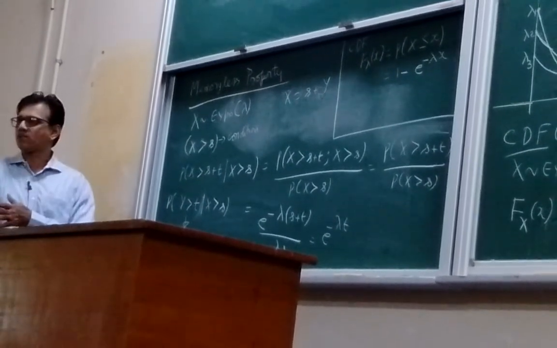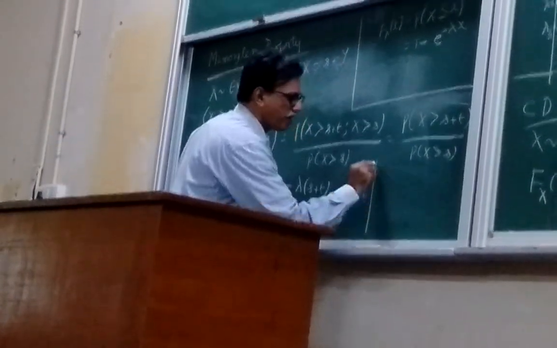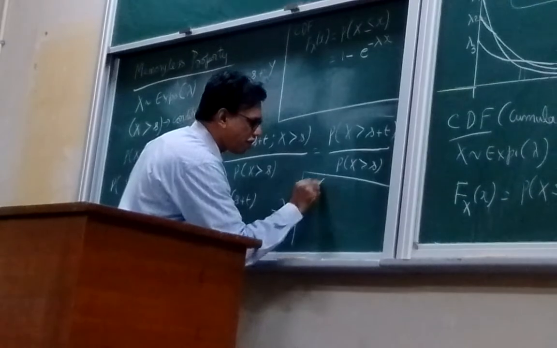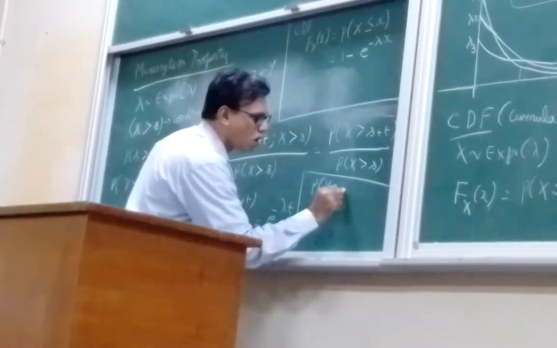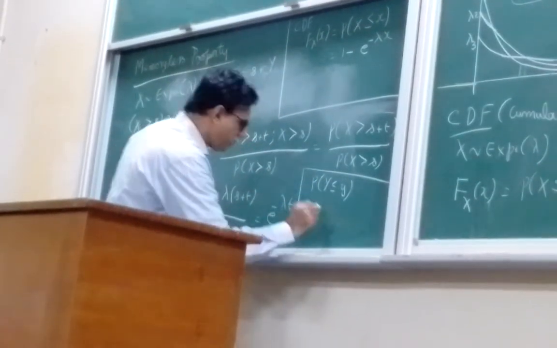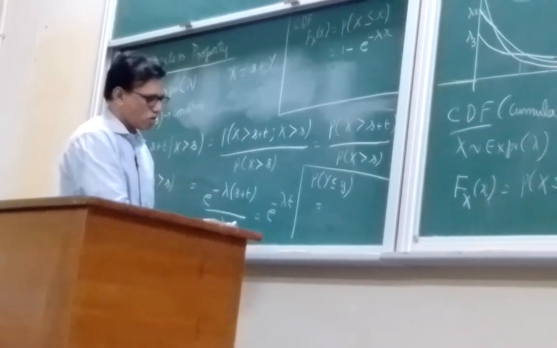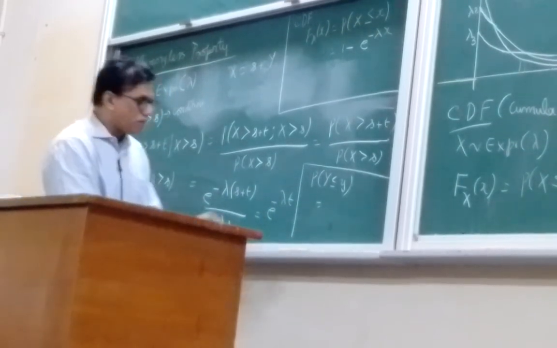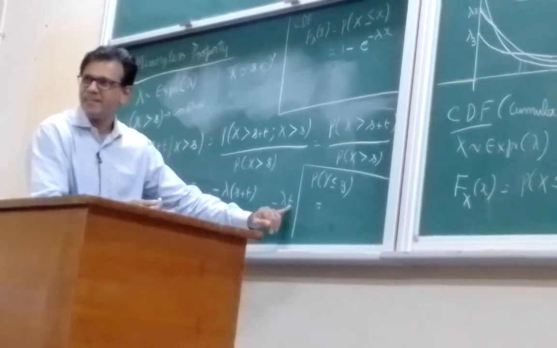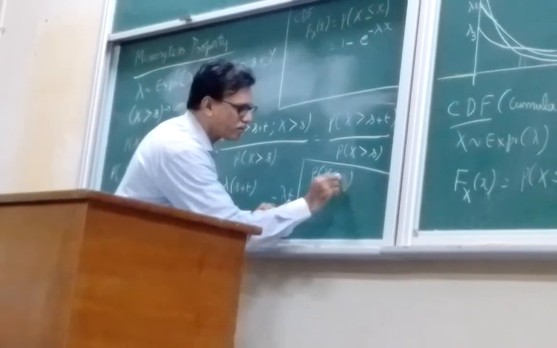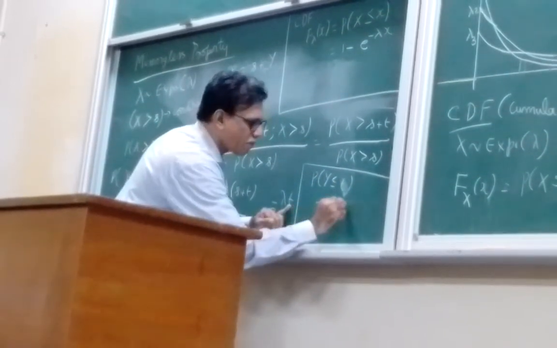It has to be 1 minus this. So the CDF of Y, the probability that Y is less than or equal to small y, will be 1 minus this. Now we have been calling this t, so I will put t itself: it is 1 minus e power minus lambda t.